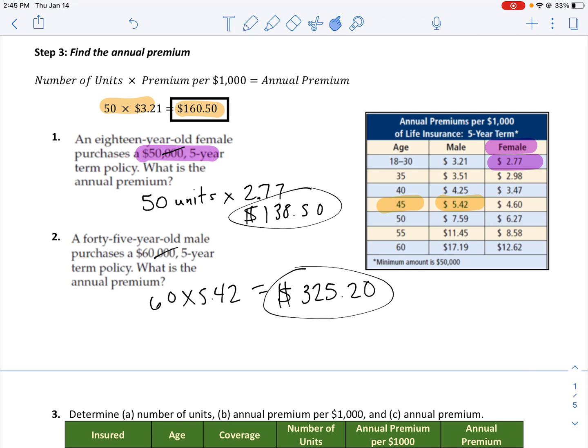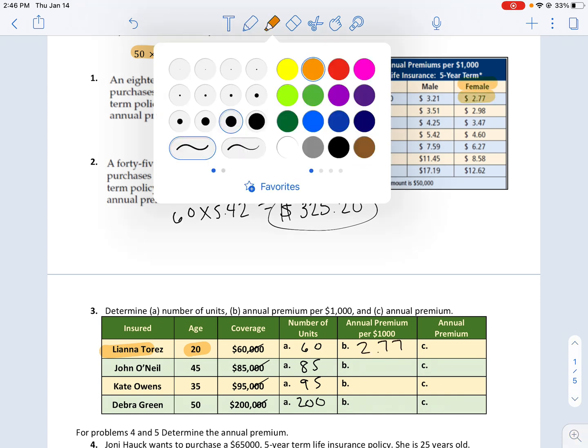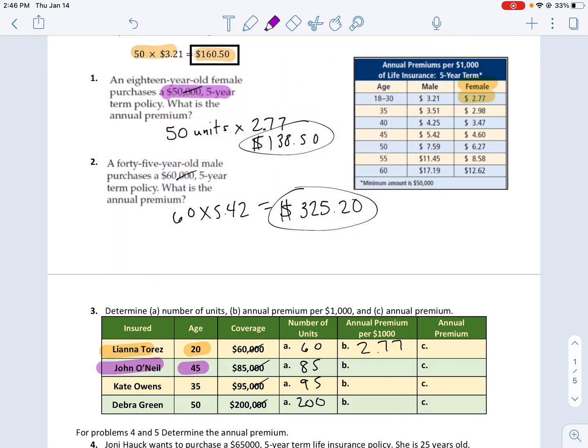We'll look at another example here, a few of these. So number of units, just cross out the last 3 zeros. So 60, 85, 95 to 100. And now we just need to find our annual premiums. Female 20, 277.